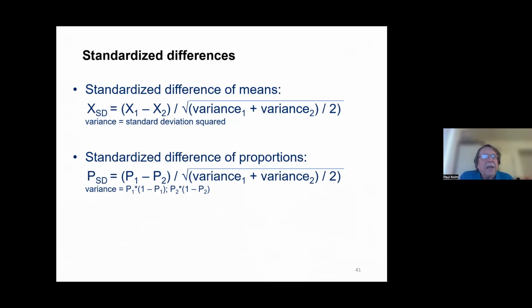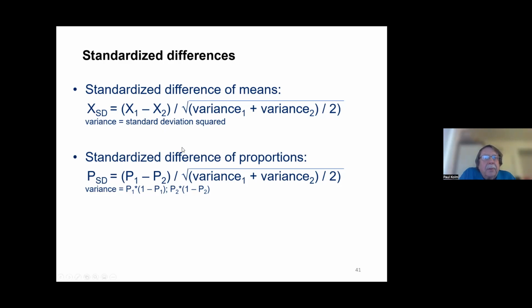So for means, it's just the difference in, say, two means divided by the standard deviation of the difference of two means. And that's just the variance in group 1 plus the variance in group 2 divided by 2, and then we take the square root of that to get basically the standard error of the difference.